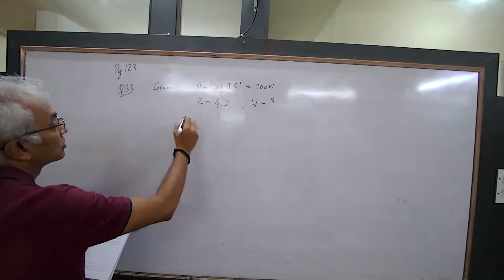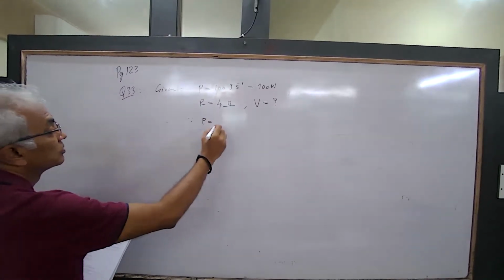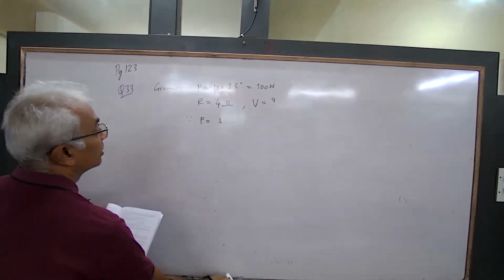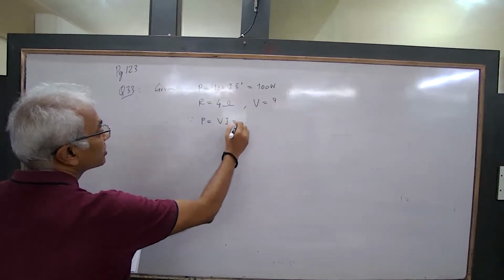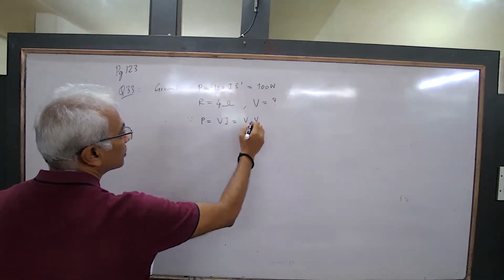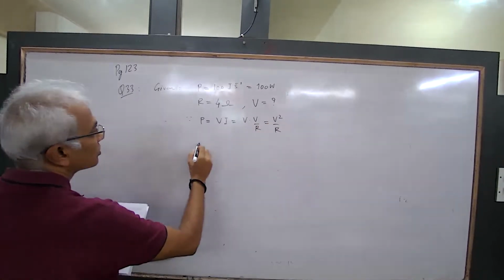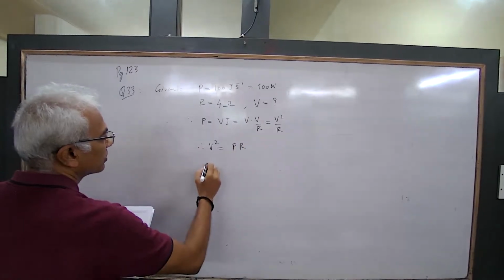So since V is equal to I, what is V square by R, right? Power is VI, which is equal to V into V by R, which is V square by R. Therefore, V square is equal to, have we done this question?